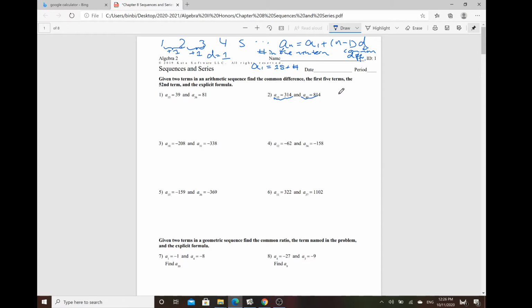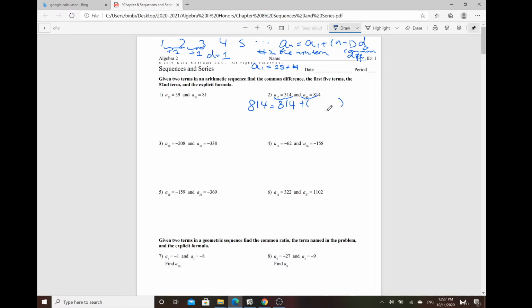You might be wondering, a sub 1 is not given. It's not necessary to start with a sub 1. We can always use that formula starting from the lowest term. So the higher term is 814, so a sub n is 814, and a sub 1 is 314.